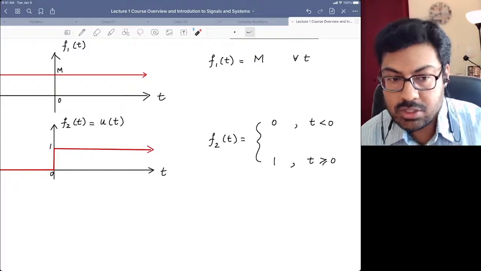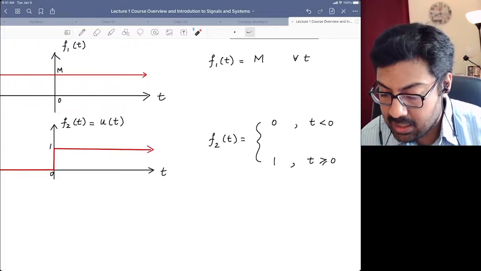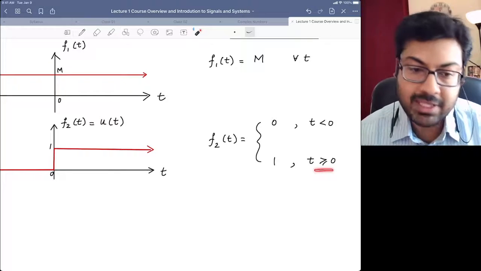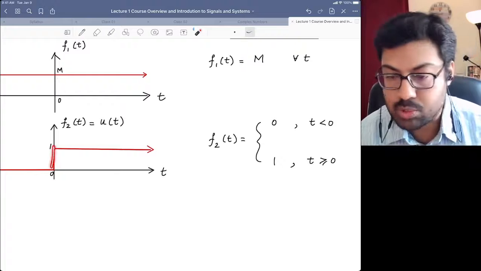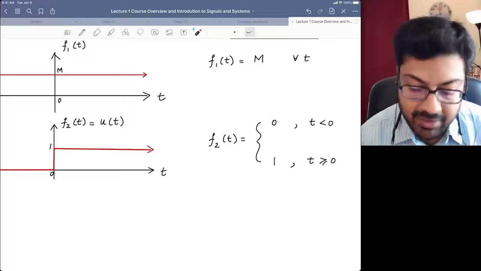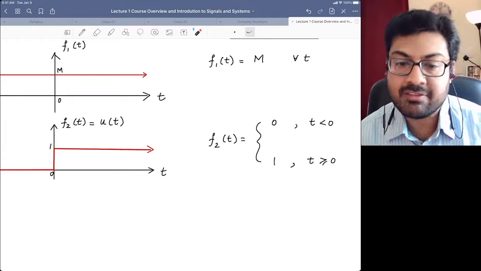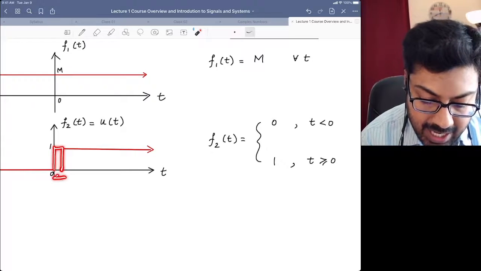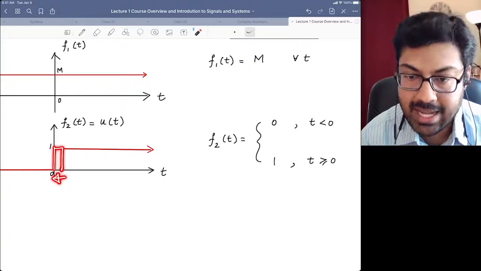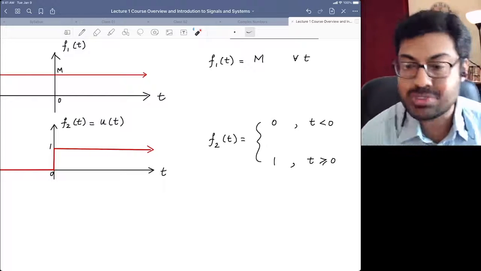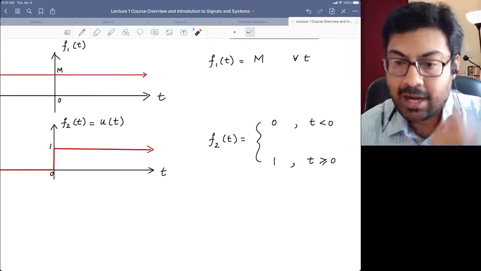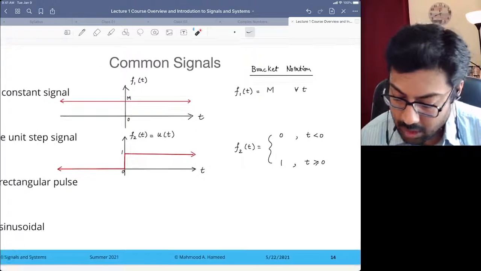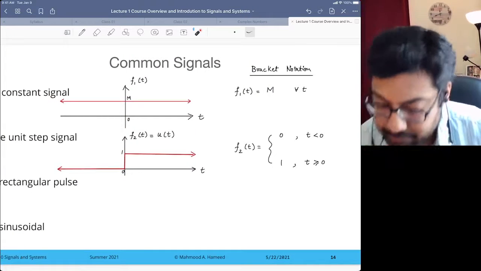So it's not really greater than or equal to 0. It is greater than 0, but right now we are assuming that at 0 it has already reached 1. Later on, we are actually going to evaluate this as a limit. Maybe we'll start off with a rectangle here, and then we will try to evaluate the width of that rectangle as it tends to 0. We are going to use that to define the unit step. All right, so that's your f2 of t.